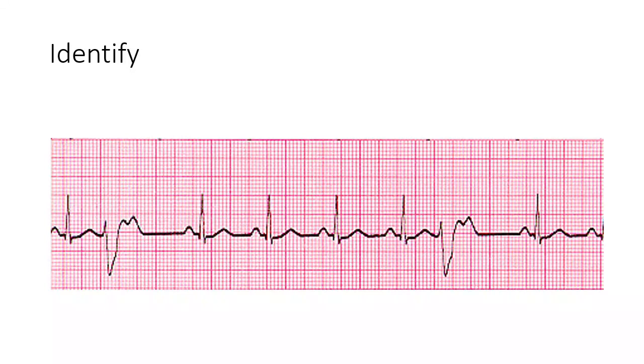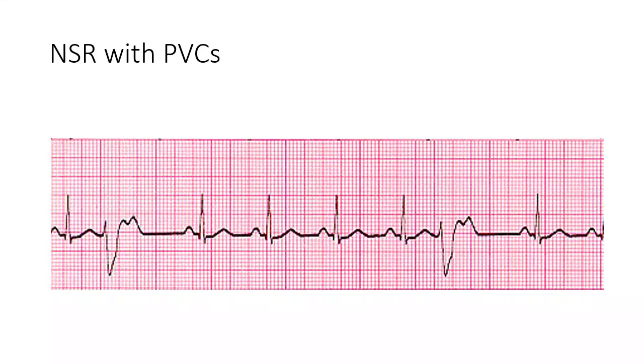PVC. This is normal sinus rhythm with PVC. So let's take a look. If you measure your R to R and then compare it over here, this one is early. The other thing we notice here, that's not a P wave. What is that? That's your T wave.